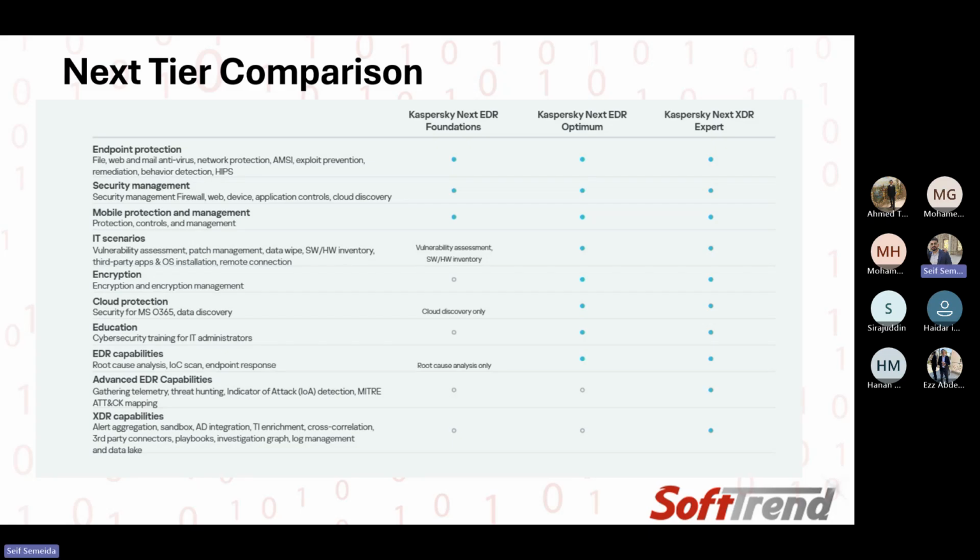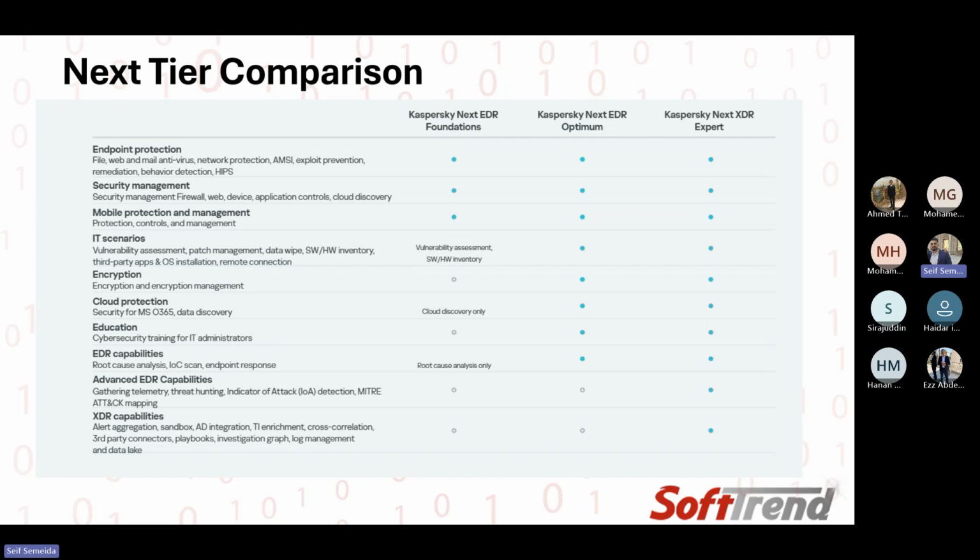And finally, for the foundation tier, we have the root cause analysis, which provides full visibility on the attack, how it came to occur in the network, where it entered, what level it reached, the level of harm that it created in the network, and how to limit it as much as possible. Unfortunately, for the foundation tier, it only provides root cause analysis and there is no endpoint response. But we're going to move on to the optimum plan.